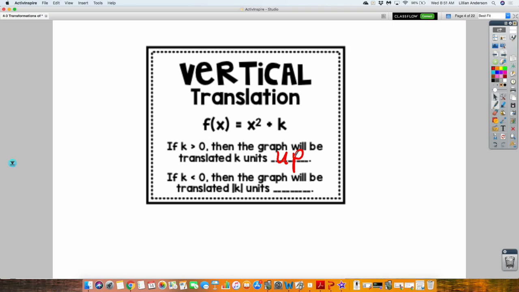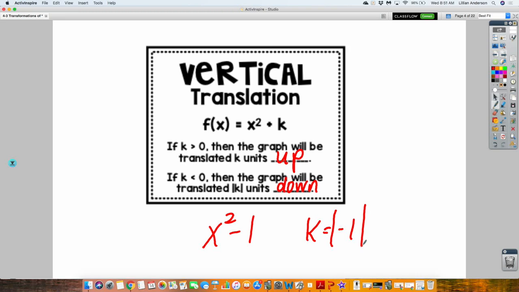What does that symbol mean? Absolute value, okay? So that basically means that if you have a function, let's say it's x² − 1, what's k? k is negative 1. So what has happened to the original x² graph is not that it moves down negative 1 units, it moves down 1 unit because you take the absolute value of it.